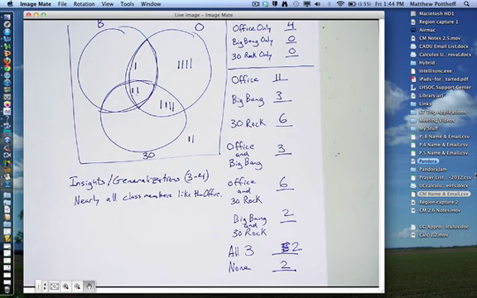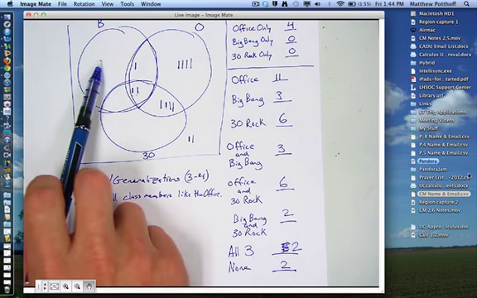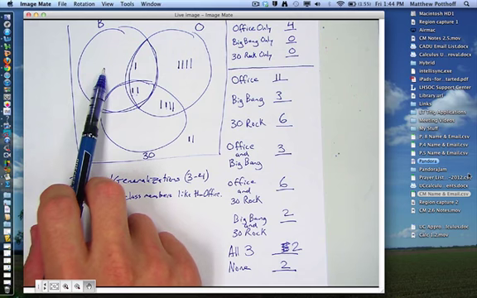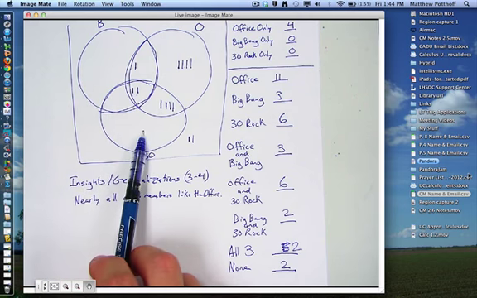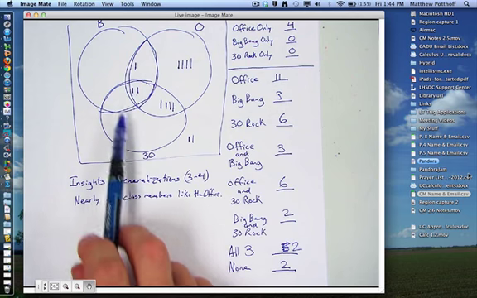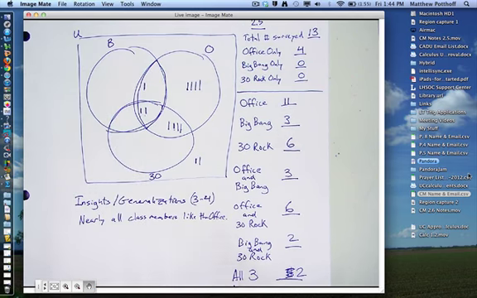Okay. Another thing that I notice is that nobody strictly likes Big Bang Theory or 30 Rock, right? Nobody here only gravitates towards only one of those shows.